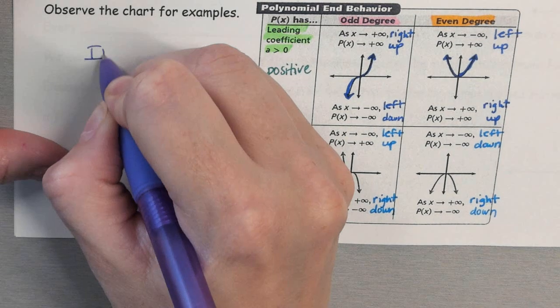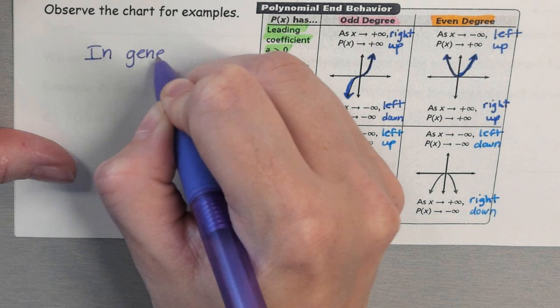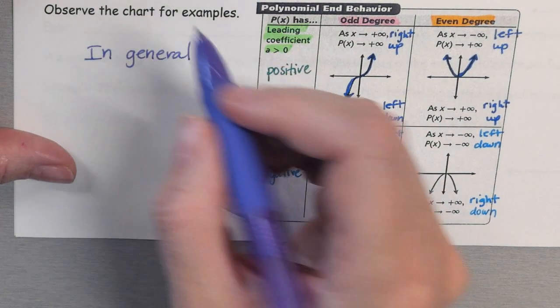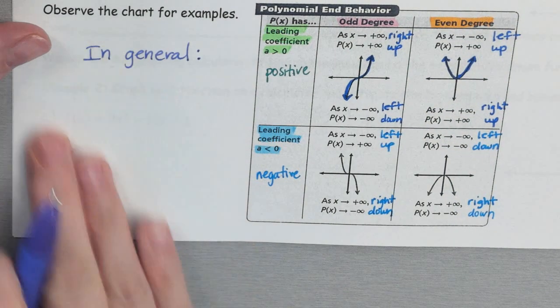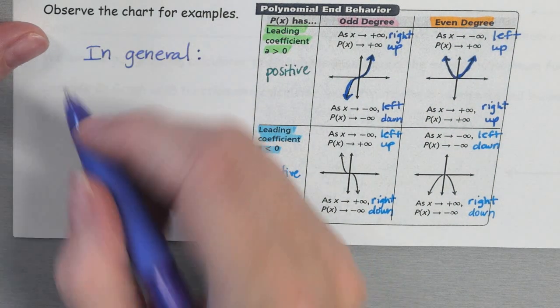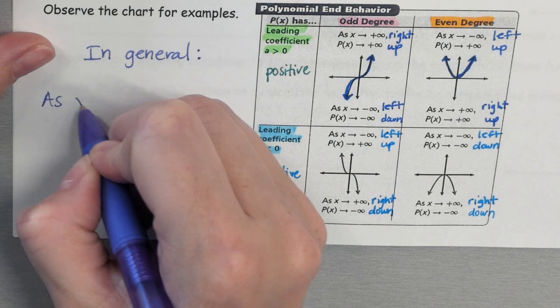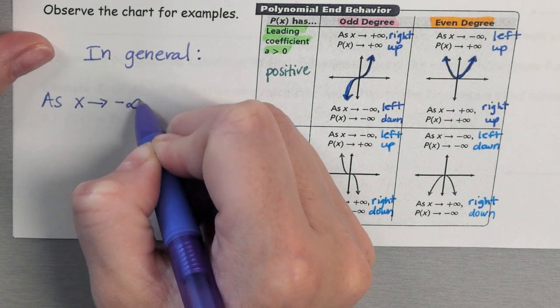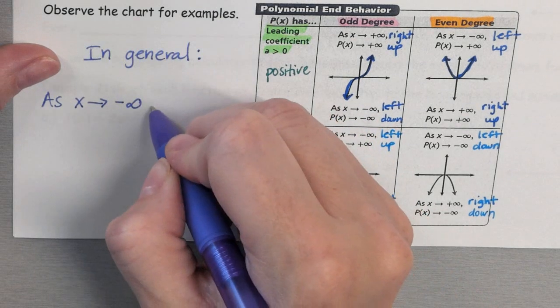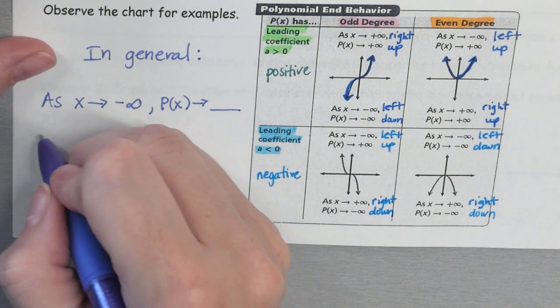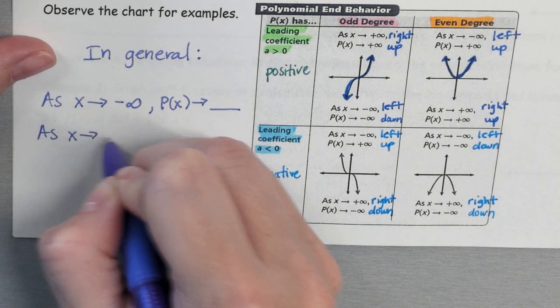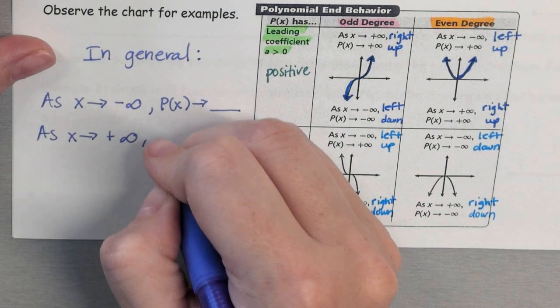So in general, when you are asked to identify the end behavior, you can use this and just fill in the blanks. So you always want to know what happens on the left side and then you always want to know what happens on the right side.